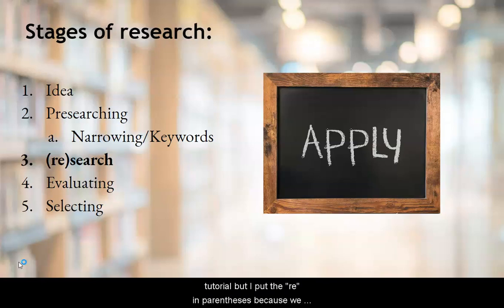I put the "re" in parentheses because we initially do a search in PsycInfo, but we may not find all of the results that we want, so we need to continue with that pre-searching in PsycInfo in order to find keywords or terminology, or maybe even further narrow our topic, and then research it. So that is just a very cyclical process. You need to keep redoing it in order to find the results that you want.